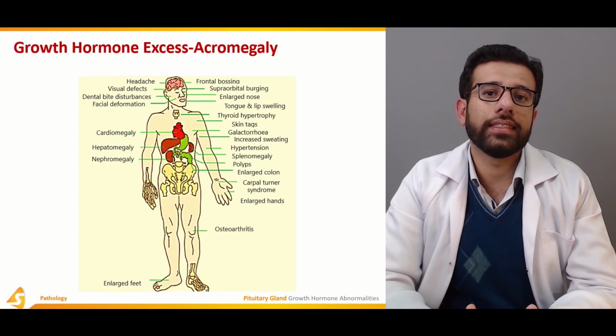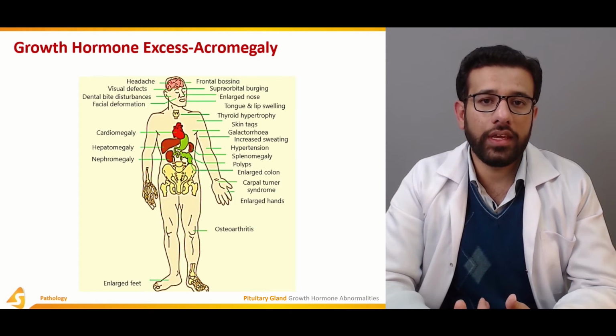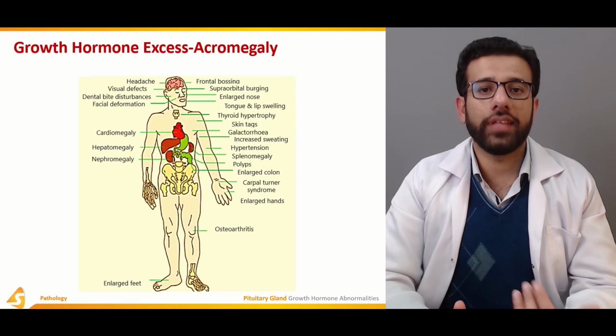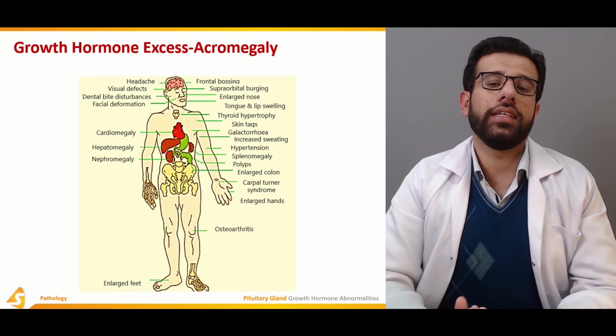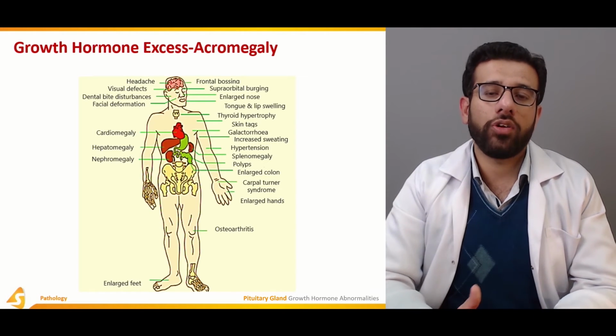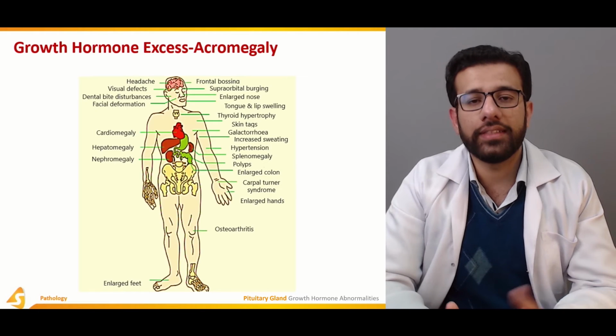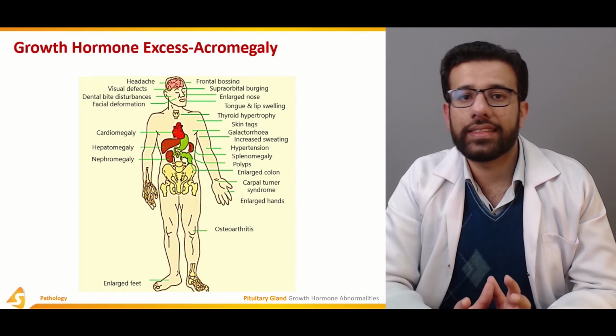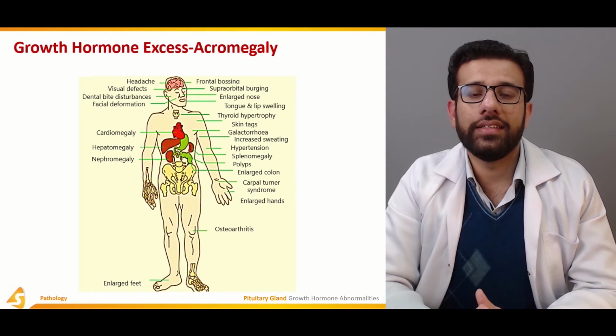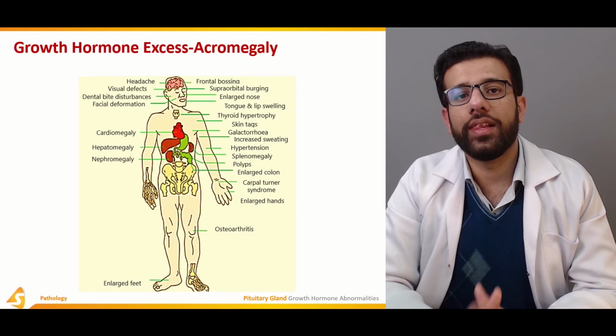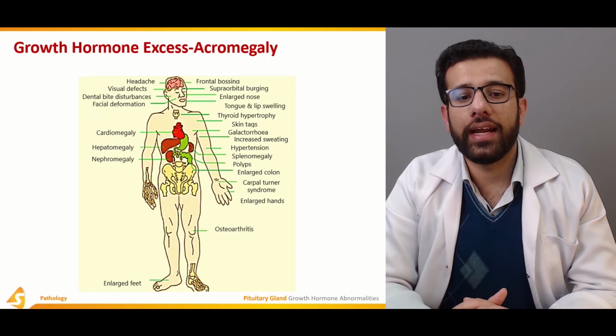While in gigantism, the growth hormone is increased prior to the fusion of the epiphyseal cartilage, or prior to that age. So there is abnormally increased elongation of the bone, and the height is increased. Now we will discuss acromegaly and gigantism one by one, and then we will compare them.